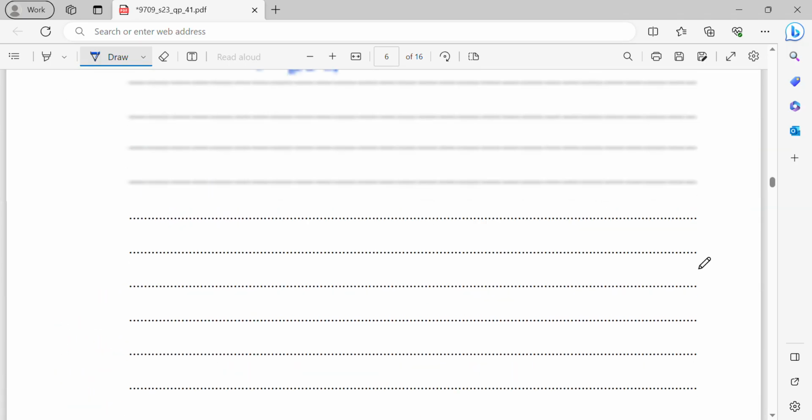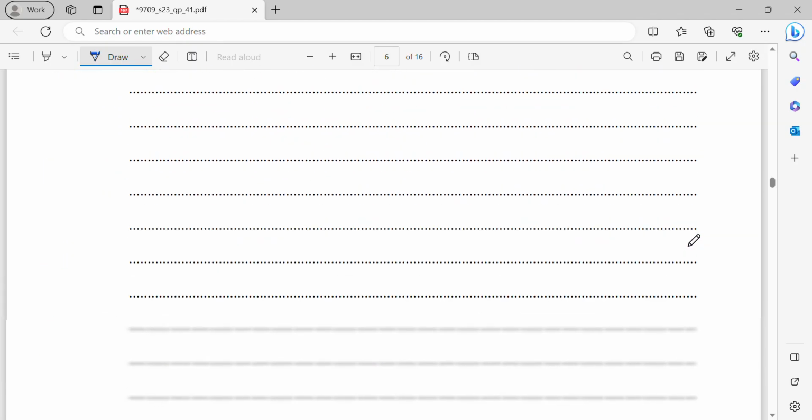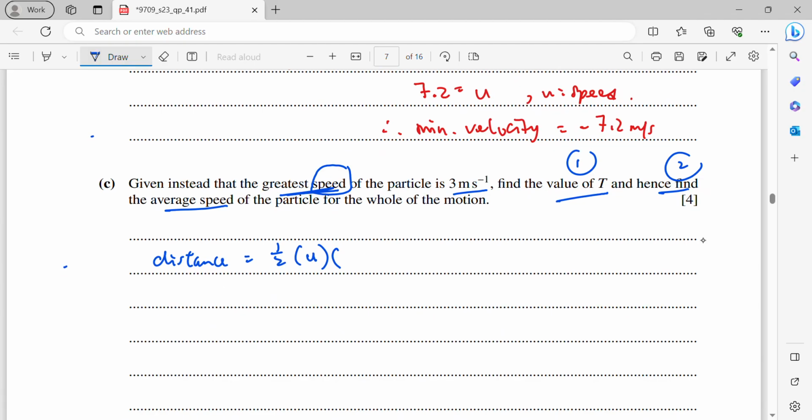Now the last time is t, and the previous time is at t equals 10. So the time here becomes t minus 10. So I will write t minus 10.